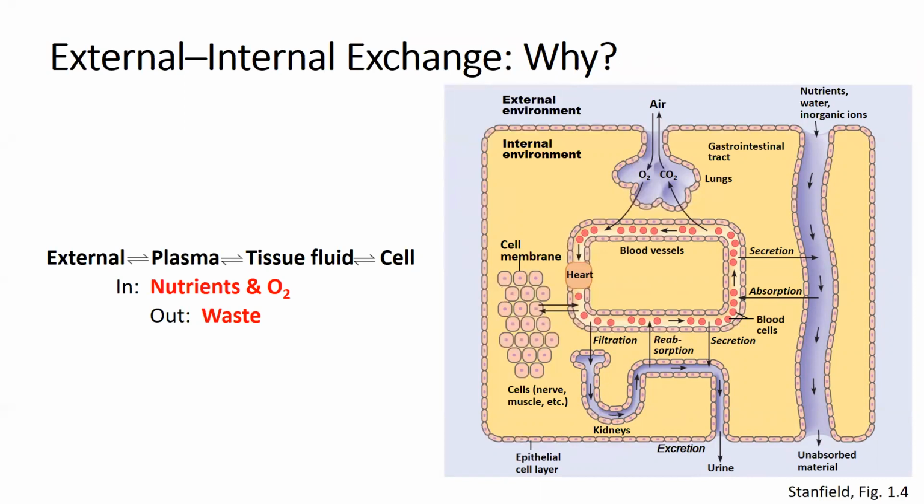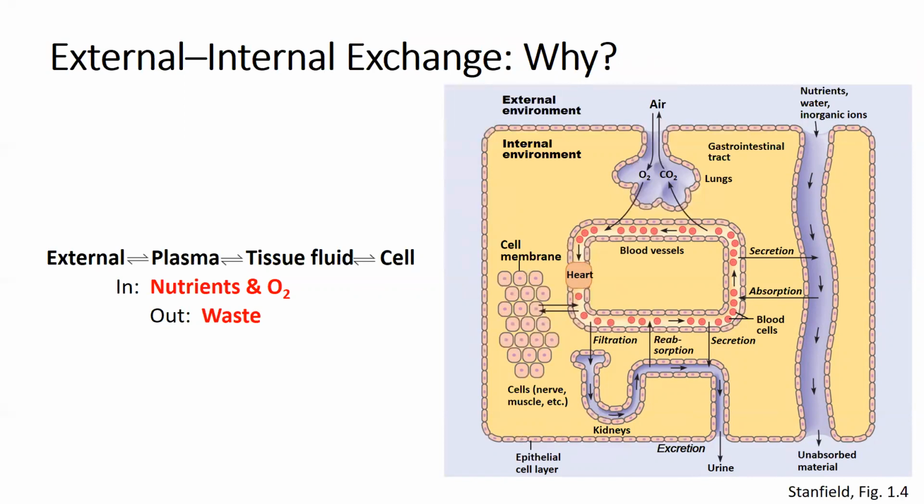Because our internal environment needs things from the external environment, and rid of the backup. Okay, perfect. Well said. So our internal environment needs things that are outside, that are in the external environment. All right, and vice versa.